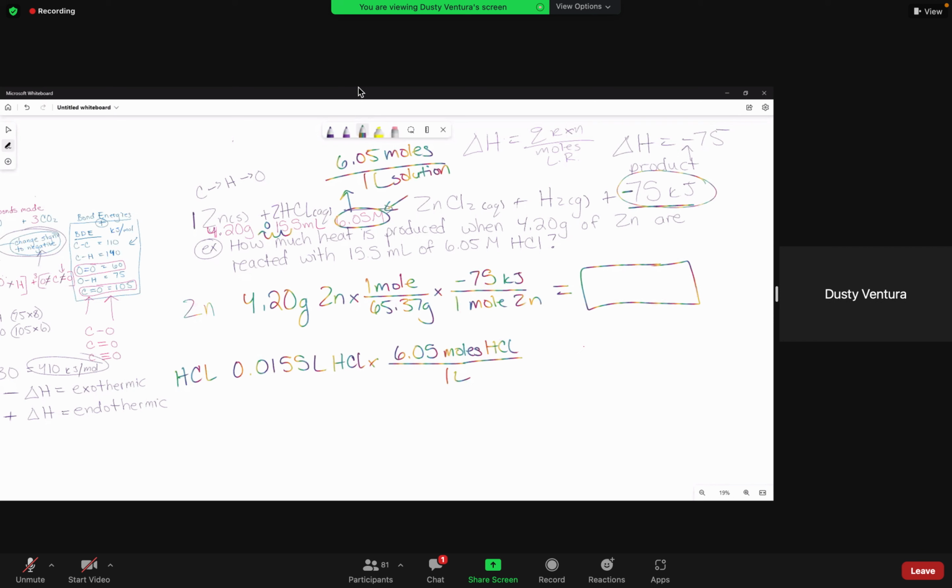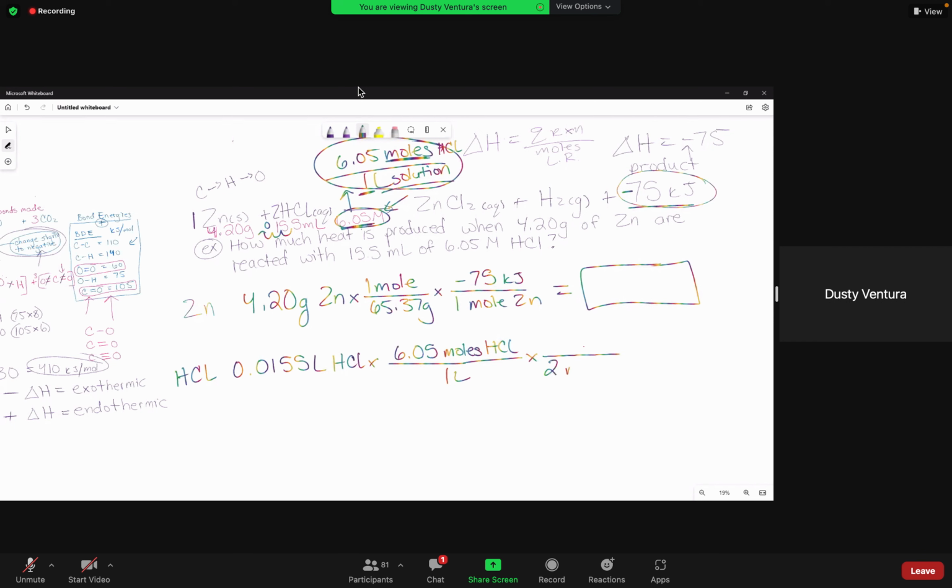So it's almost like that big M is holding your information hostage. Nobody knows what to do with it. Well, this is what you do with it. You turn it into the unit conversion factor. So the value goes with the moles, and it's always 1 liter of solution. Then we're going to turn it into moles of the heat.